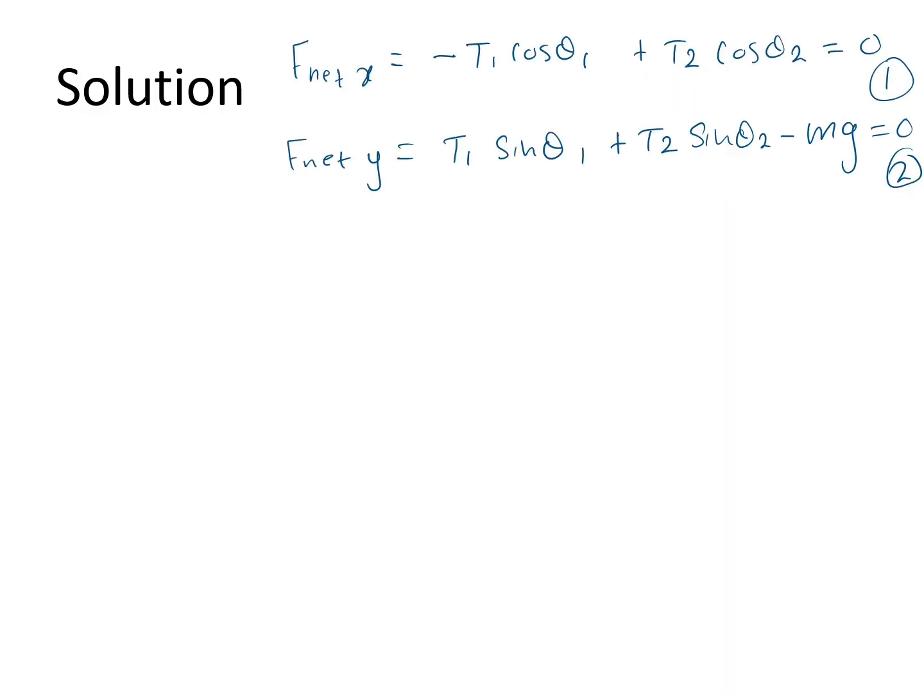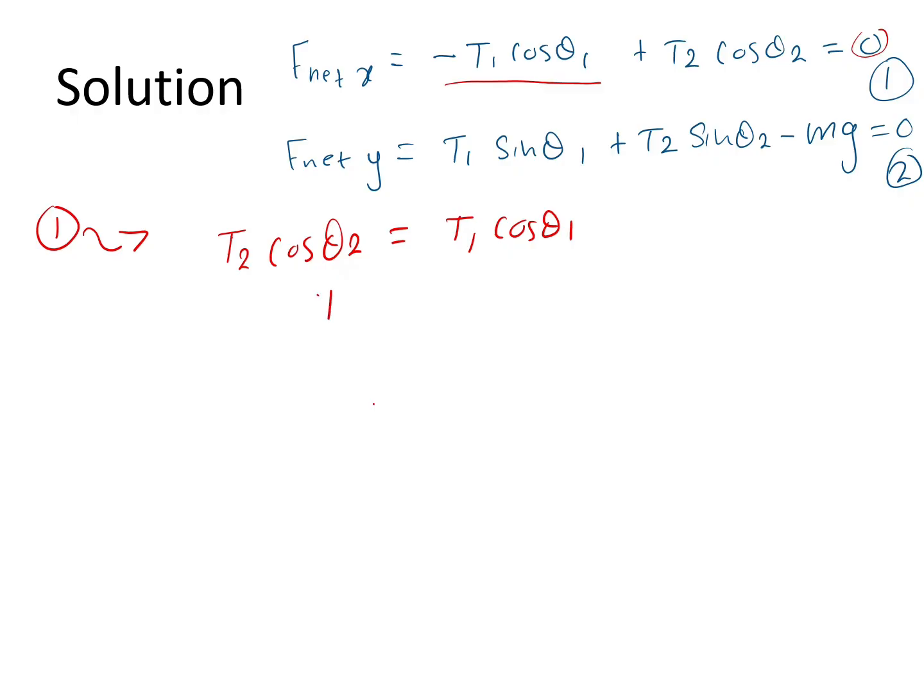Now to solve these equations, let's select equation number 1 and rearrange it. We can bring the negative T1 cosine theta 1 to the other side of the equation where we have the 0. So we get T2 cosine theta 2 equals T1 cosine theta 1. From here, we can find T2. T2 equals T1 cosine theta 1 divided by cosine theta 2.